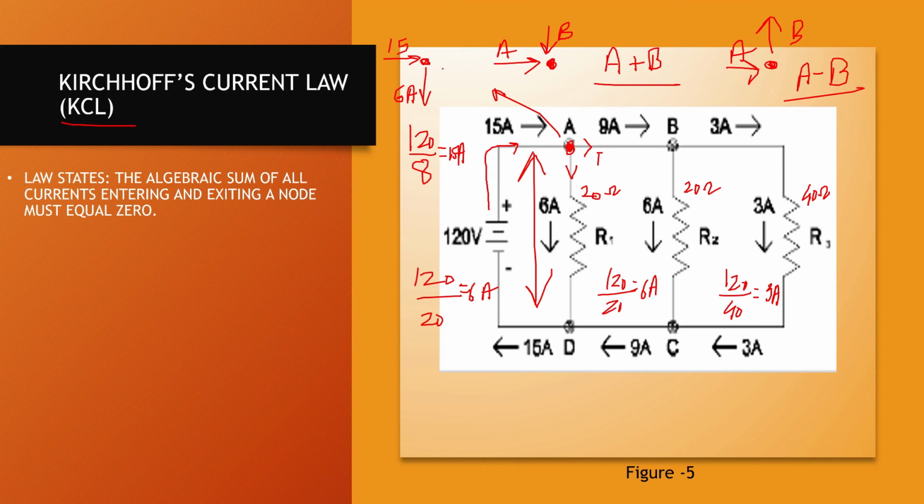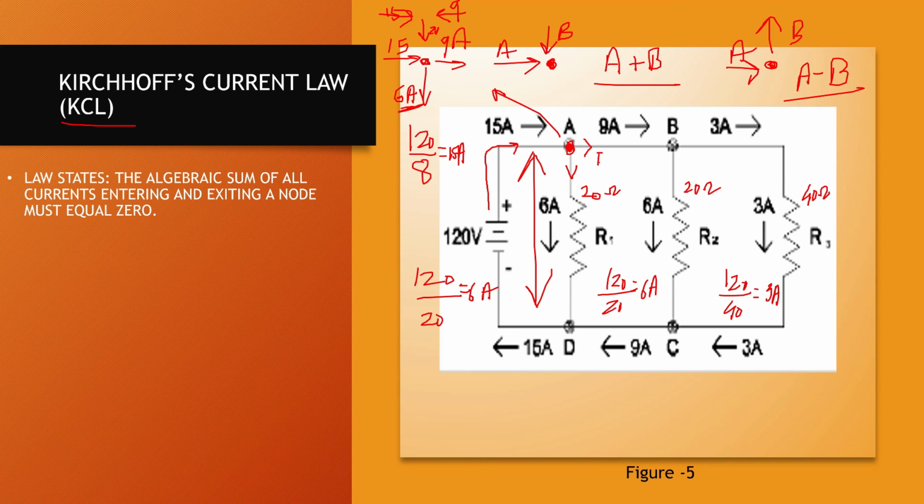So 15, 6. How much would go away? 15 minus 6, 9 amps. 9 amps would go in this direction. Now you could have argued, what if it's this direction? Then if this would have been 15 and this would have been 9, 15 plus 9 would have been how much? 24 amps, which is not the case, right? It is 15 amps. So the current actually has to leave this node.